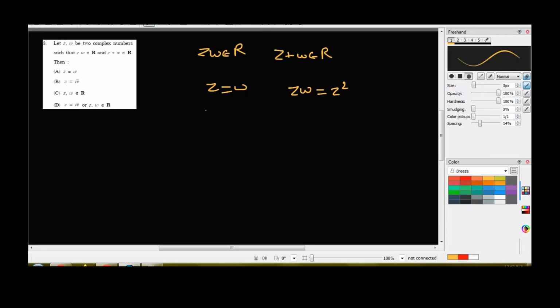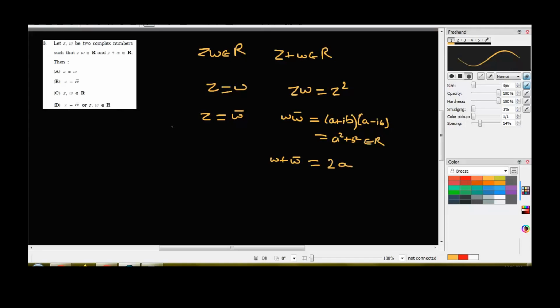If z is equal to w conjugate, then accordingly we'll have w into w conjugate. If we take w as a plus ib, then the product will be with a minus ib, and so this will be a square plus b square, which is a real value. And we know that w plus w conjugate will also remove the imaginary part, and so this will be 2a.